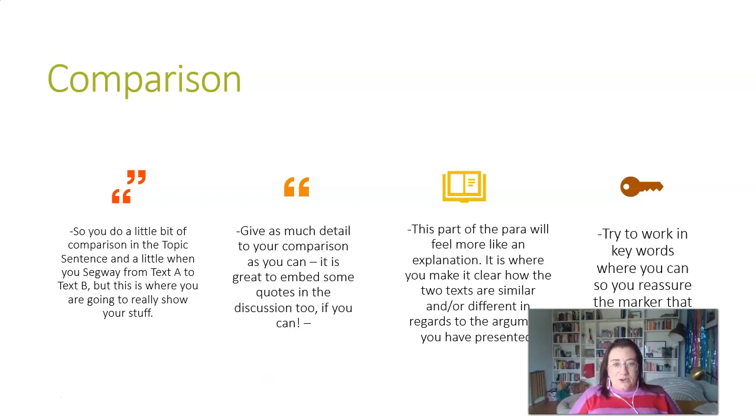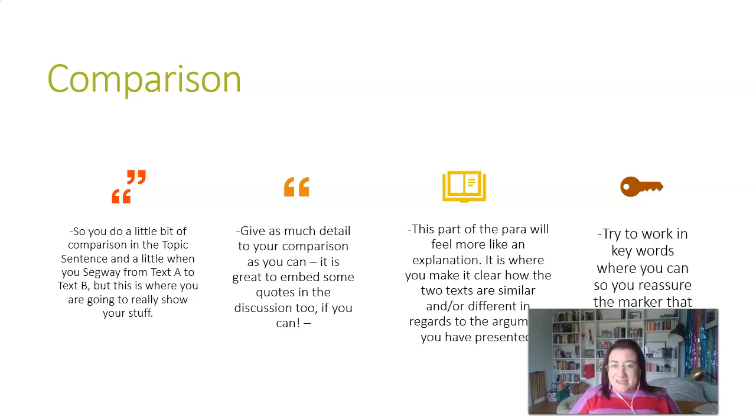All right, so comparison. Here's a few tips about your comparison bit, okay? You do a little bit of comparison at the topic sentence, because obviously you introduce the idea and both texts. And you do a little when you segue from text A to text B, but this is really where you're going to show your comparative stuff. This is where you've got to hit a home run with your comparison.